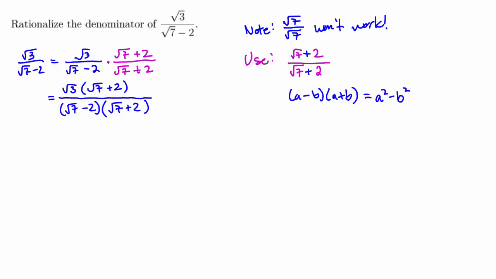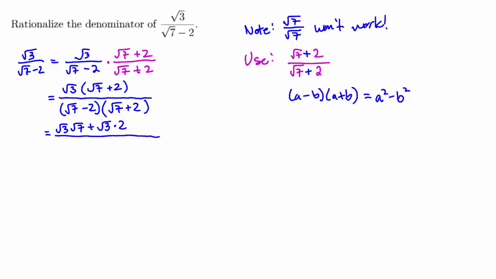Now to multiply these through, in that numerator, I'm going to distribute that square root of 3 across the square root of 7 plus 2. So we'll get the square root of 3 times the square root of 7 plus the square root of 3 times 2. And in the denominator, I can FOIL this, but the key is that because these are opposites, those two middle terms are going to cancel.